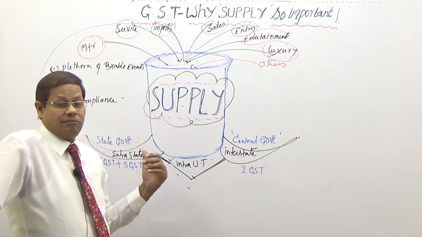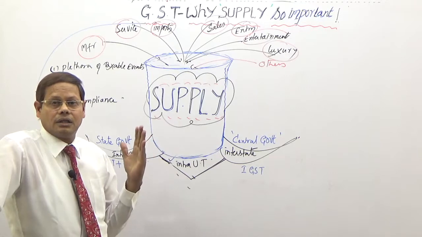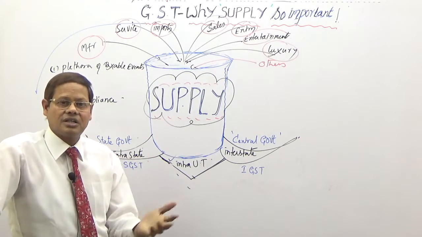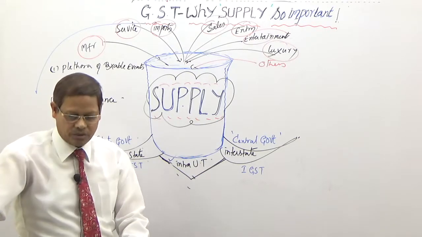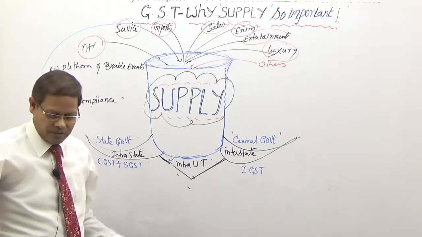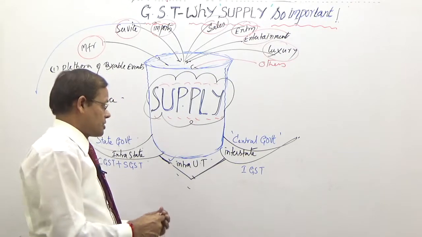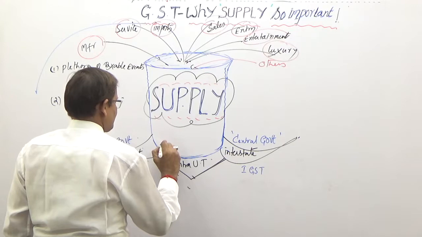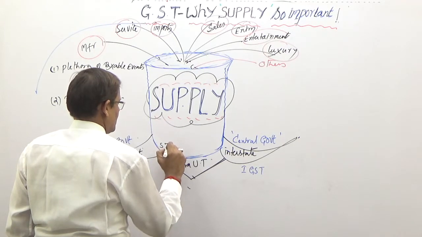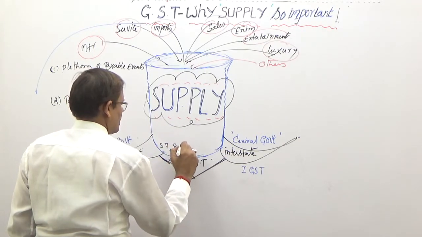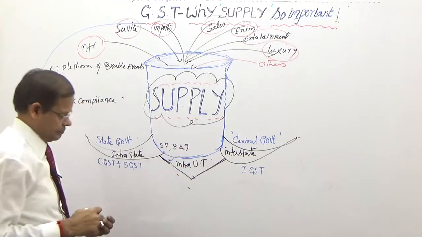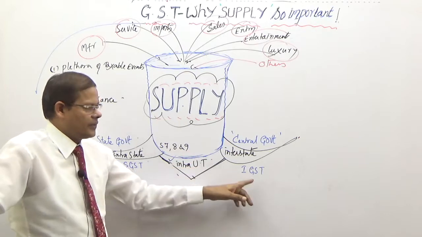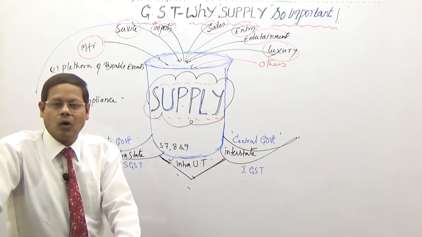Whether a particular supply is intrastate or interstate, that you have to determine. Naturally, you have to look into the provisions, particularly I tell you, sections 7, 8 and 9 of the integrated GST law.